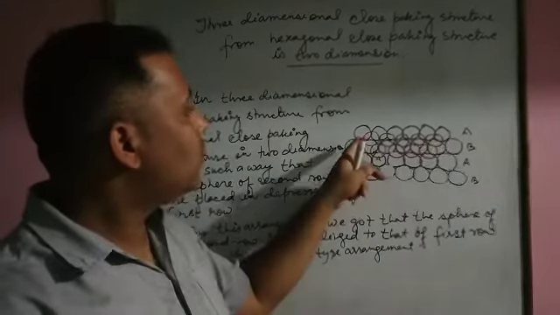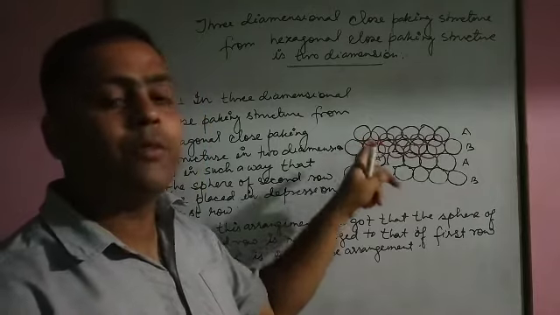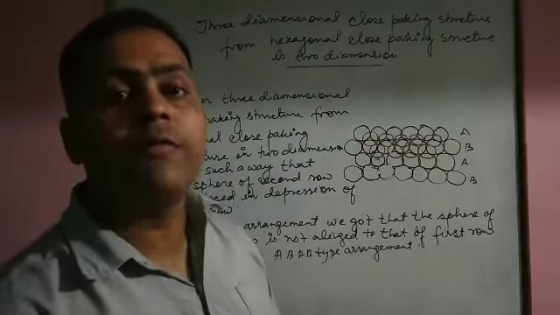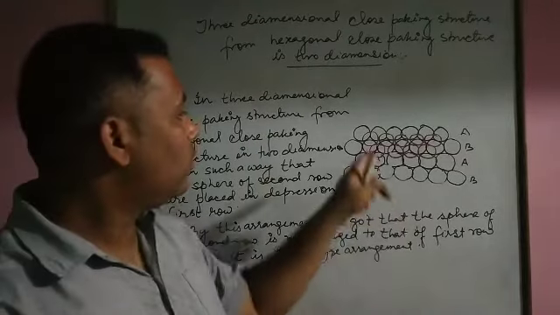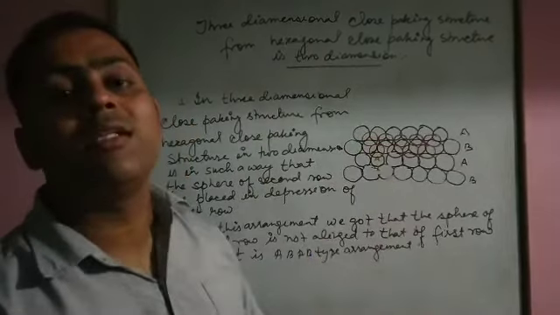When the spheres of the second row are placed over the depressions of the first row, two types of voids are created. The first void is known as the tetrahedral void.